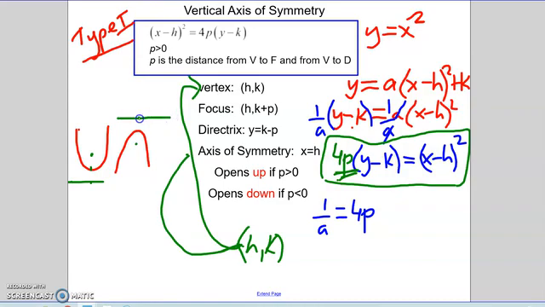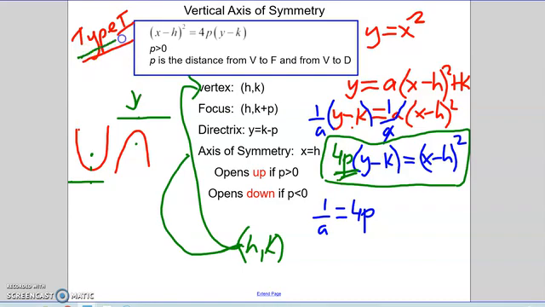The distance from the vertex up to the focus is equal to p, and the distance down to the directrix is also equal to p. So we'll see some examples of that.